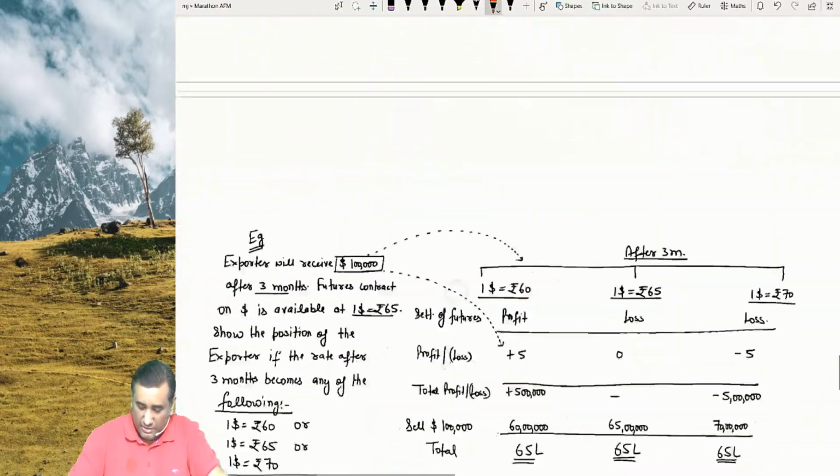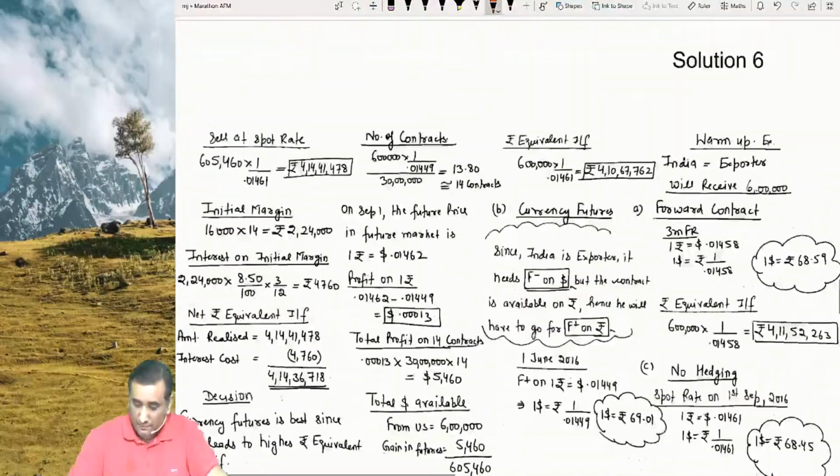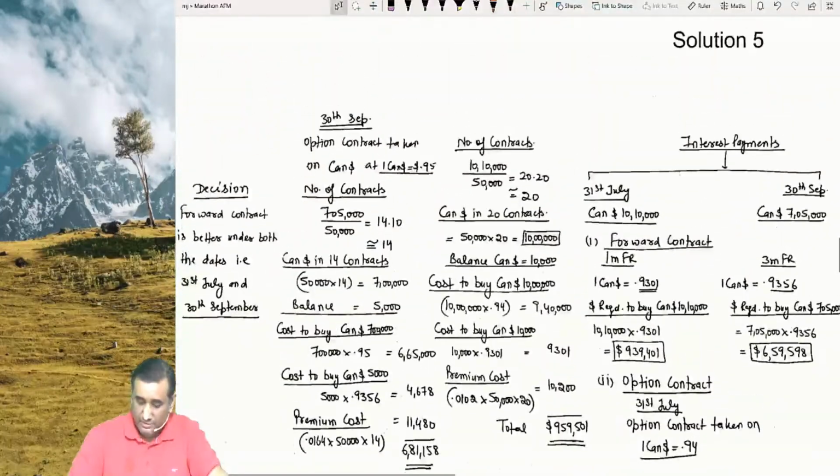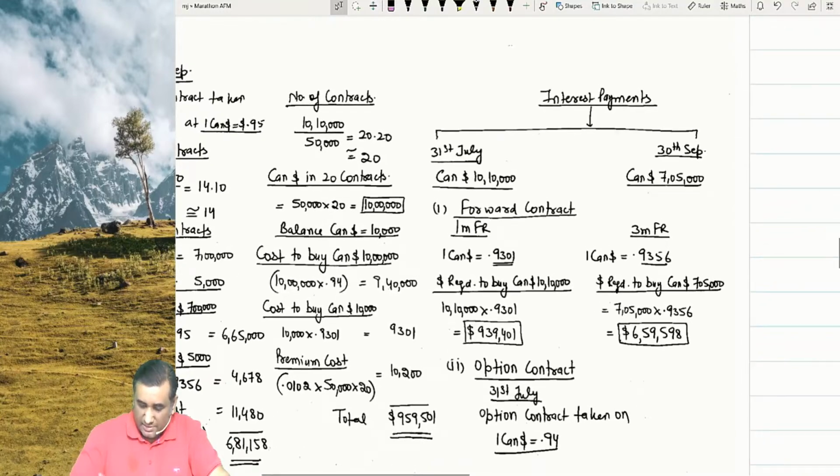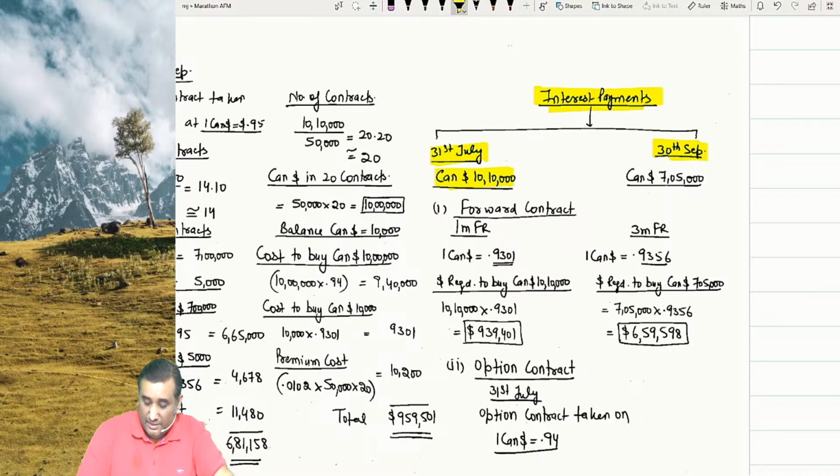If I go and try to check, at this place is 5 in payments. 31st July, 30th September, Canadian dollar 10 lakh 10,000, Canadian dollar 7 lakh 5,000. Forward contract 1 month forward, 1 Canadian dollar 0.9301.